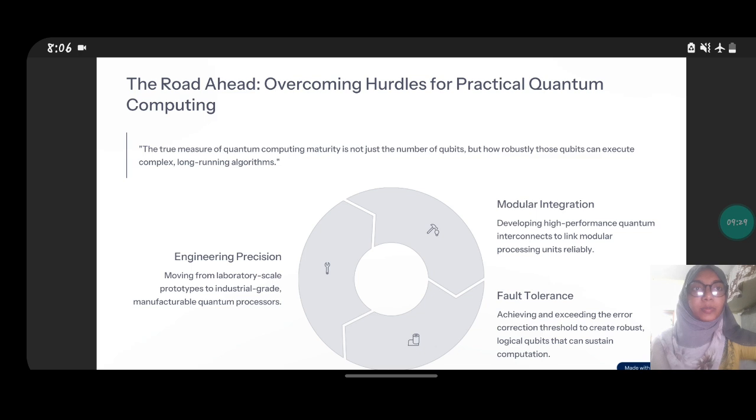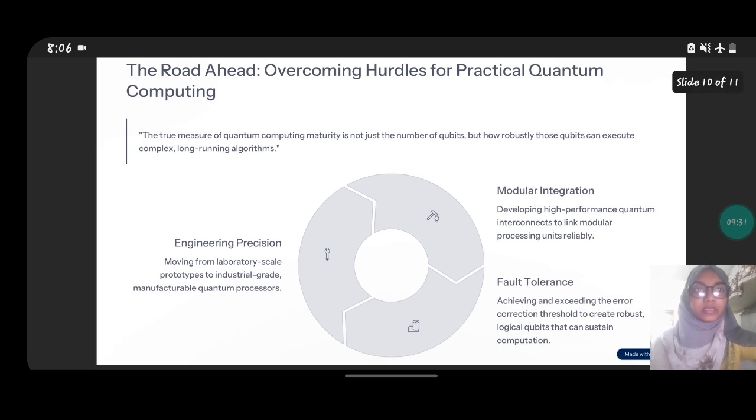Overcoming hurdles for practical quantum computing. It should have modular design, fault tolerance and engineering precision. First, modular integration: developing high performance quantum interconnects to link modular processing units reliably.